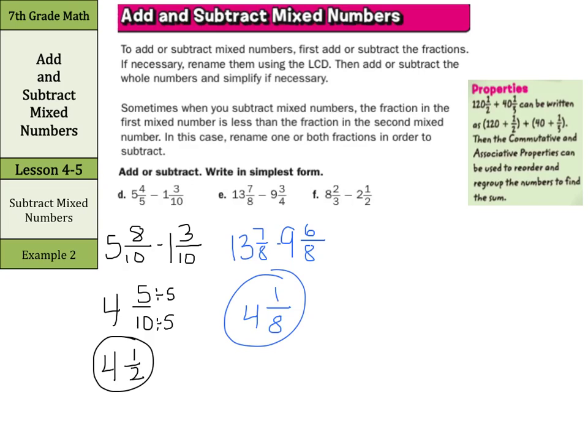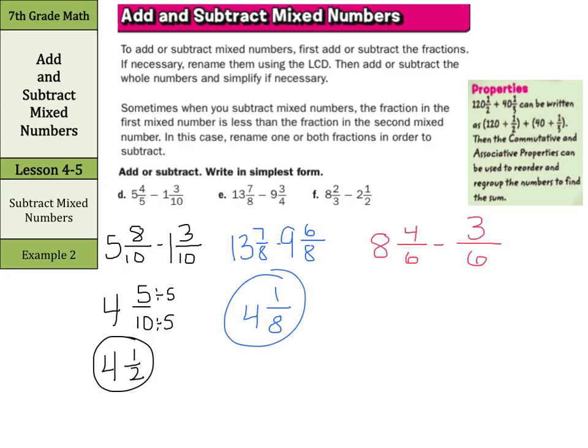And our last problem on this page, 8 2/3 minus 2 1/2. Well, our common denominators: 2, 4, 6 for 2, 3, 6 for 3. So we are going to get these sixths. And 3 times 2 was 6. 2 times 2 is 4. 2 times 3 is 6. 1 times 3 is 3.